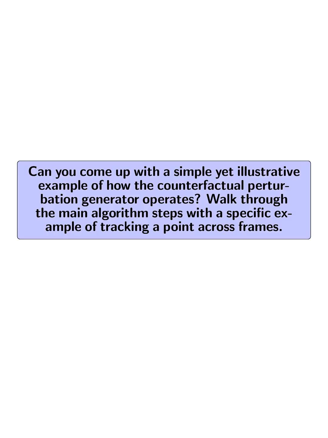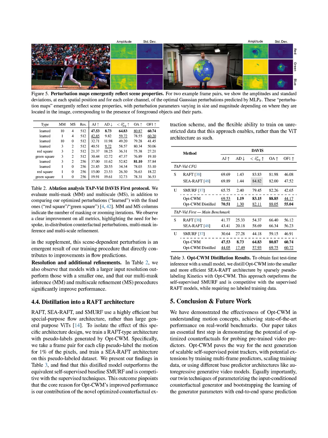Can you come up with a simple yet illustrative example of how the counterfactual perturbation generator operates? Walk through the main algorithm steps with a specific example of tracking a point across frames. The counterfactual perturbation generator operates by creating a context-specific perturbation to track a point across frames.